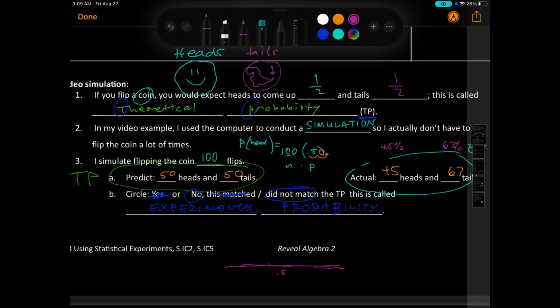Yeah, that doesn't really add up. I just realized that. Let's erase that and do something that actually matches. So let's say it was this 55. Okay, so let's just say this is percent heads.